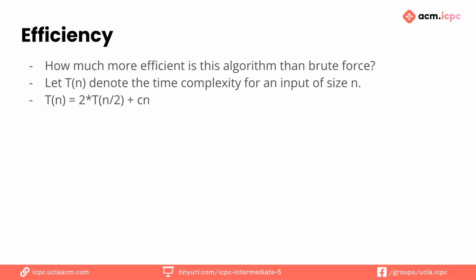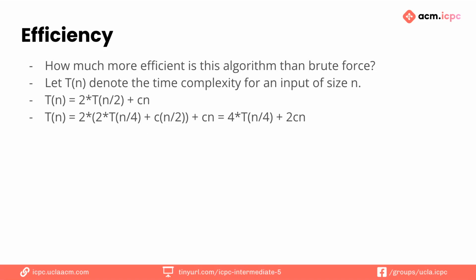So anyone have any ideas on how to do this? So one thing that makes sense here is if we substitute for T of n over 2 with 2 times T of n over 4 plus C of n over 2, then we can get T of n as an expression in terms of T of n over 4.